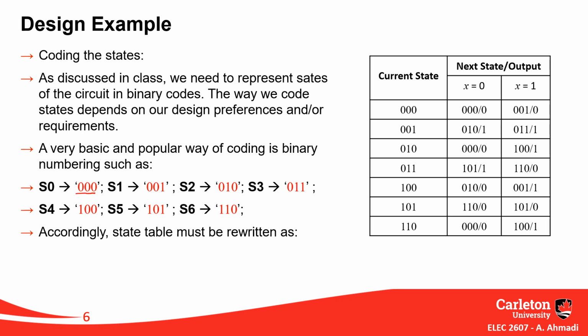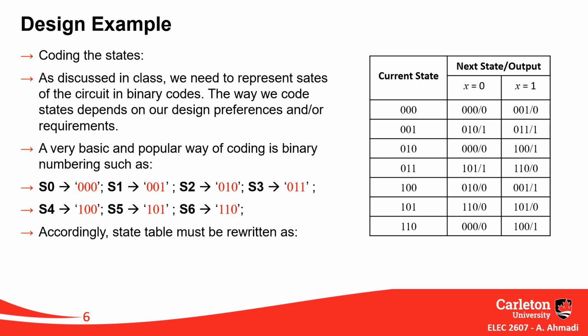If I have S1, I can assign number 1 to it, and so forth. In this example, I have S0 to S6, 7 states. So I can assign number 0 to number 7 to these states. To save these numbers, I need 3 digits and therefore 3 flip-flops.